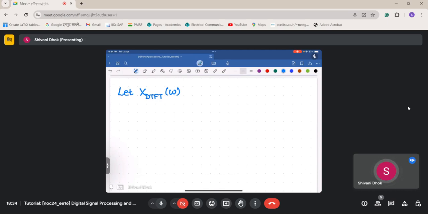So let X dtft of small omega denote the DTFT of x n. This x n we had obtained with a sampling frequency which depends on 1 by ts.